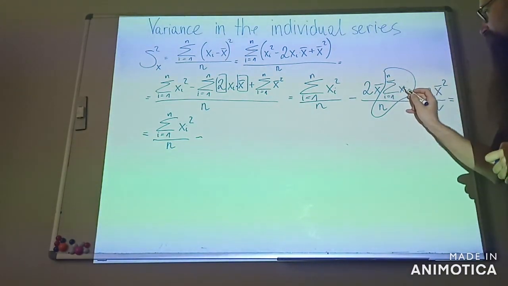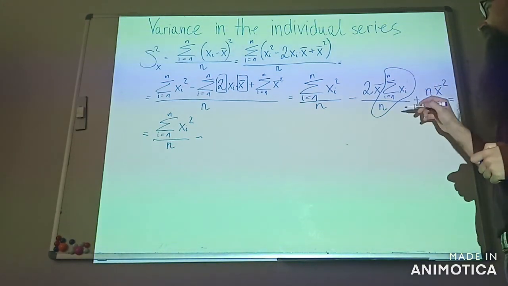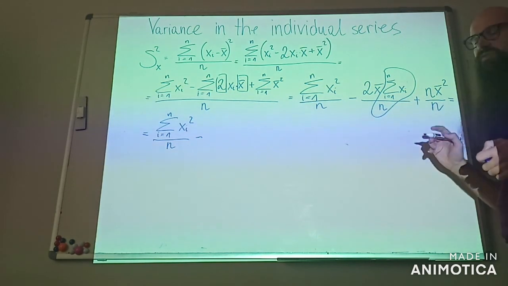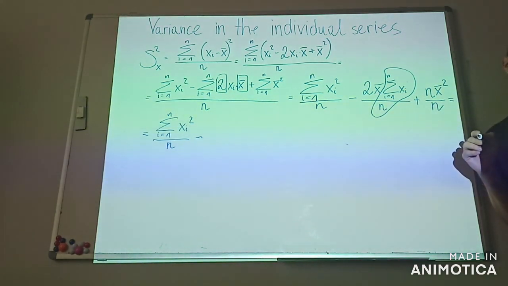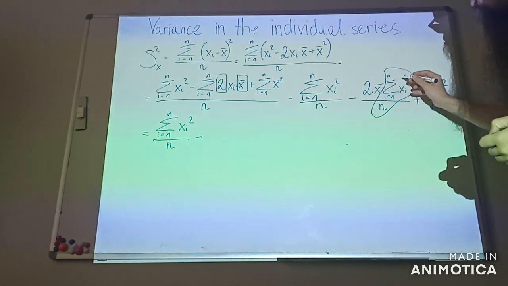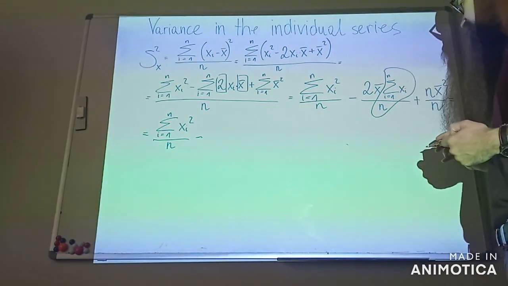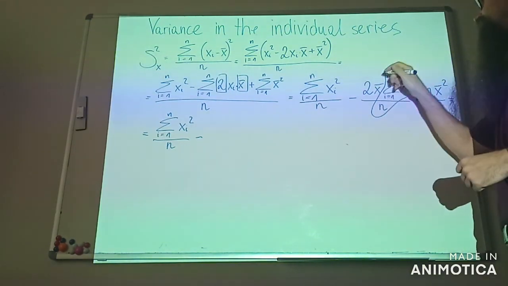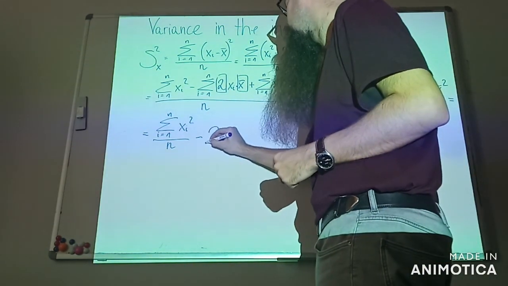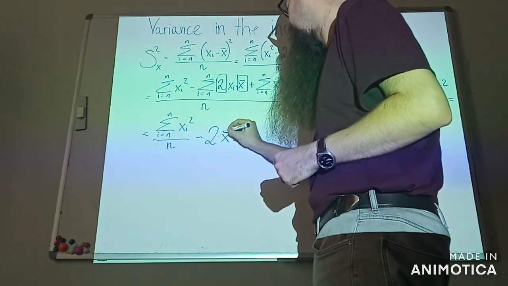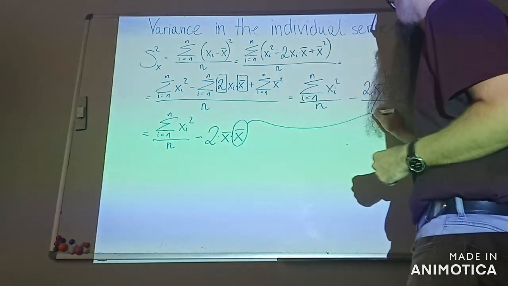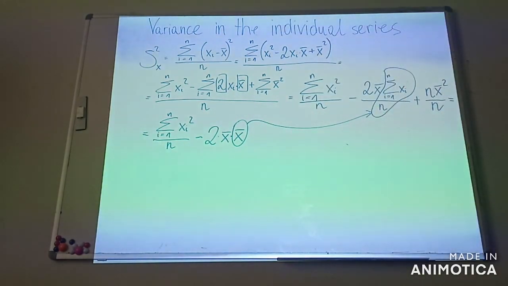Because here we have the sum of all values of the variable x divided by the number, divided by the population size. So this is the mean value of x. So we have 2 multiplied by x mean multiplied by x mean.